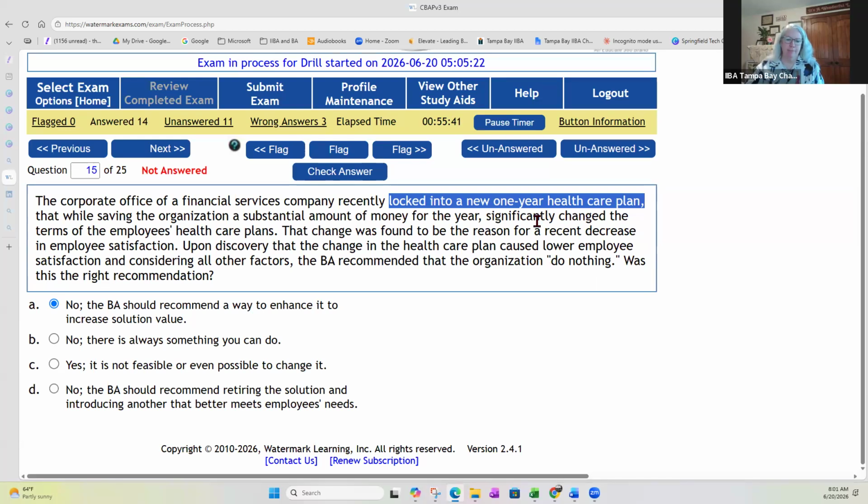We can't make changes. So that's the A is the correct one, because they are locked into the 1 year healthcare, and they have only the way to enhance it to increase solution value.